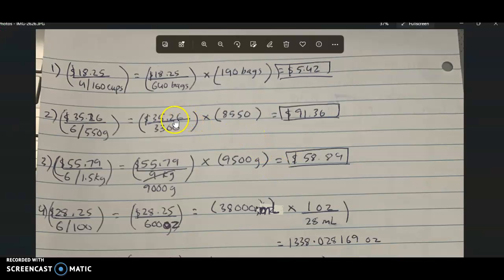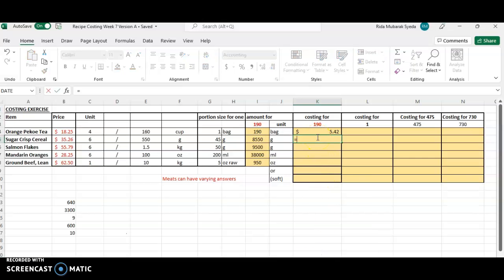So we did 3526 divided by the units times the amount, and we get 9136 as our price. Let's try that on our Excel. So equal to, open brackets, price divided by the unit, close brackets, multiply it by the amount, close brackets, enter, and we get 9136.